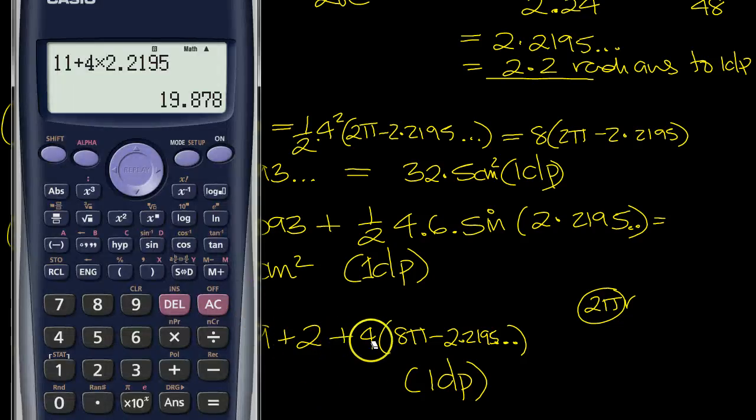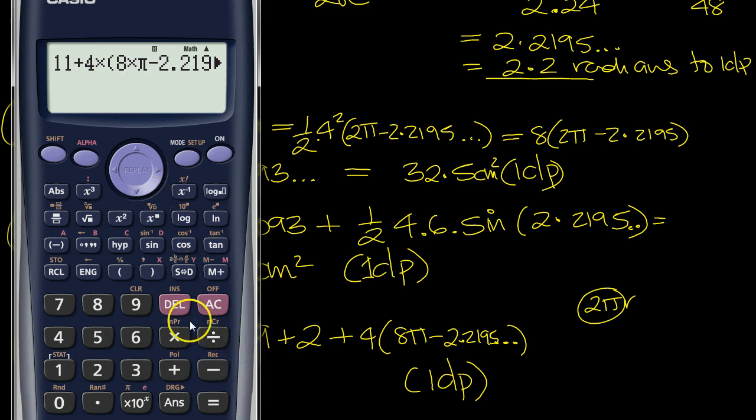So it's 11 plus 4 times bracket 2 pi minus 2.2195, because that's the angle of the major arc.